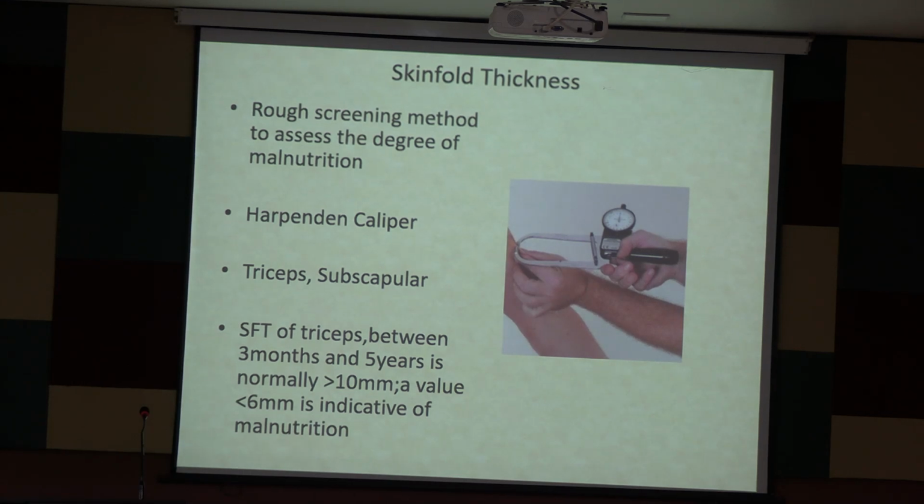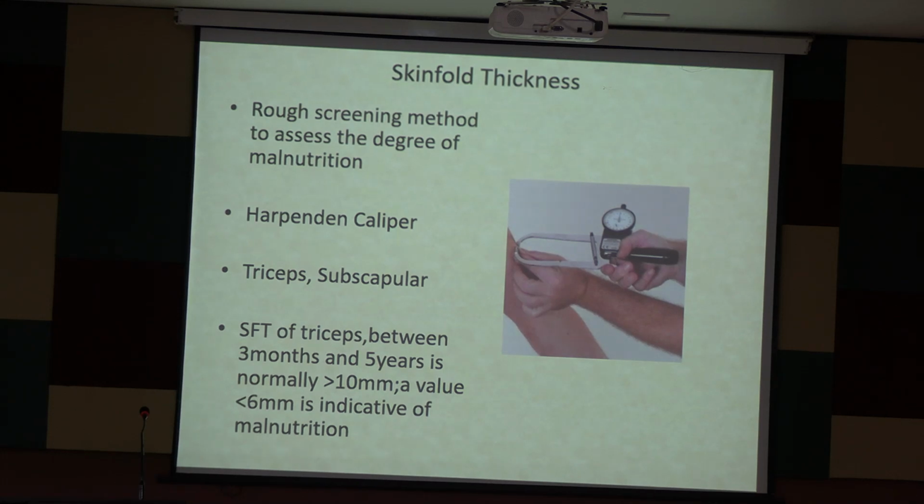The last but not the least important parameter of growth is skin fold thickness. It is a rough screening method to assess the degree of malnutrition. One important instrument used is known as the Harpenden caliper. The skin fold should be picked up by the thumb and the index finger, as you are seeing in this picture, and the caliper is applied to the pinched skin.